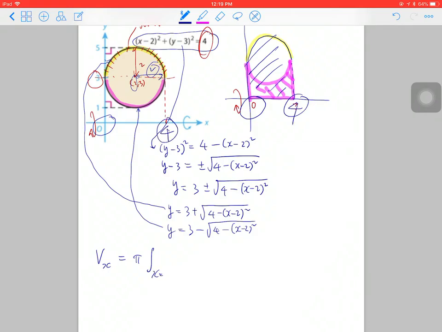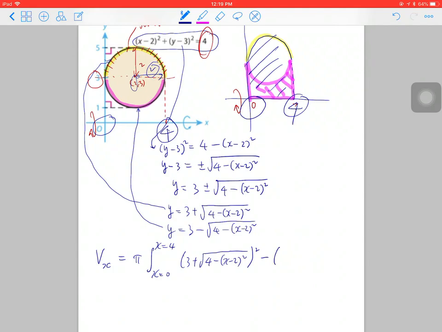So x from 0 to x equals 4. And then the larger one, the yellow one, should be with the equation 3 plus this one. And take the square, don't forget. And then minus the small one, the purple curve.